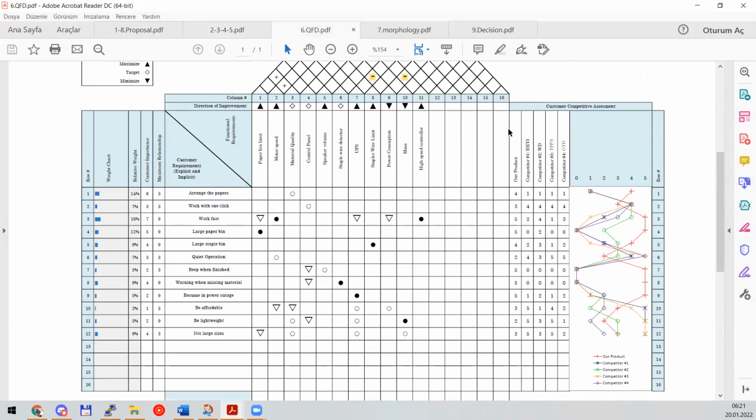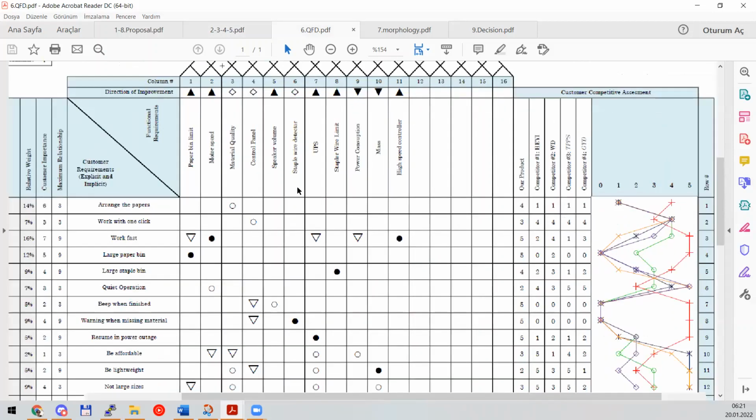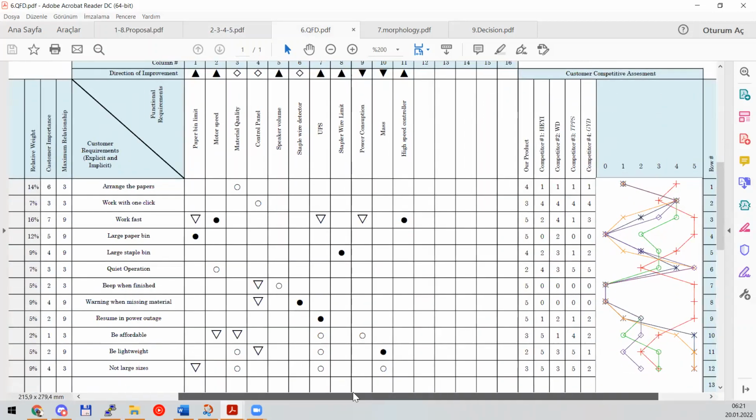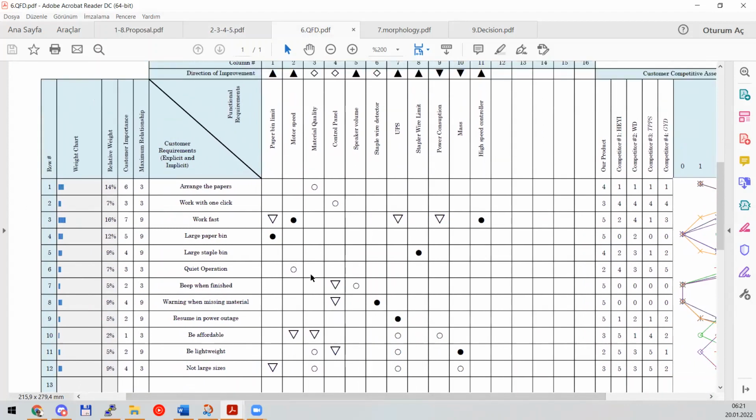While we wrote the customer requirements on the left in QFT, we wrote our technical requirements on the top. Those that were compliant with these requirements were given a high score, while those who were less compliant were given a lower score. Completely incompatible ones were left blank.